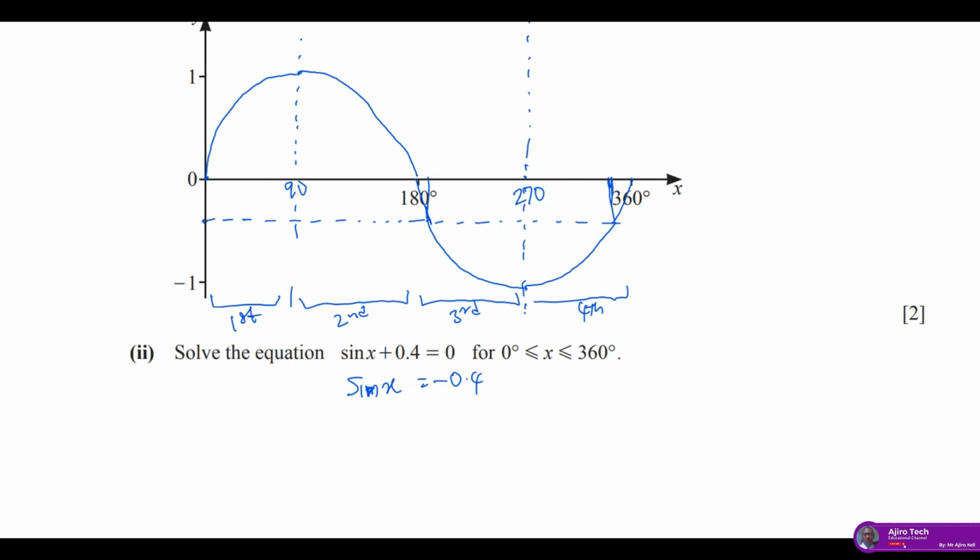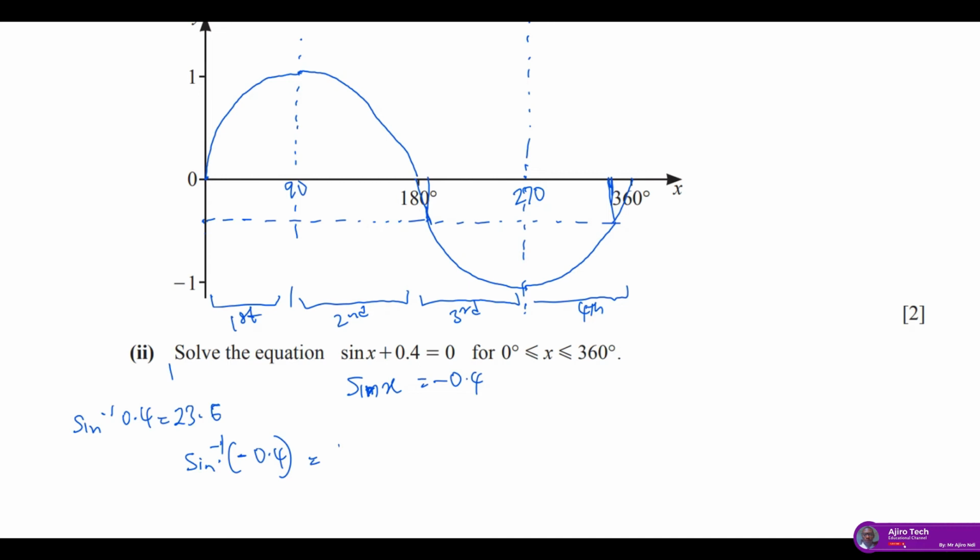So therefore, sine inverse of 0.4 is what? Shift sine of 0.4 is 23.6. So therefore, sine inverse of minus 0.4 should be in the third quadrant.